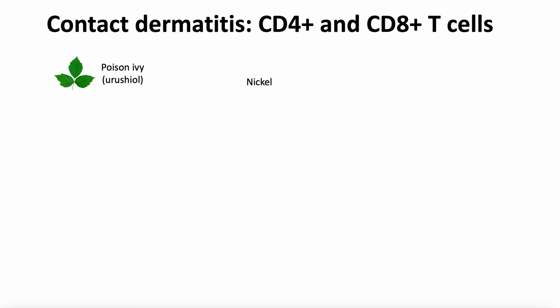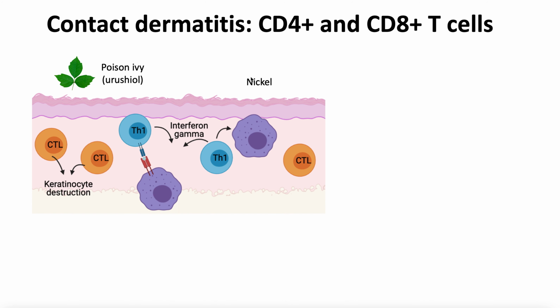There are other hypersensitivity reactions that also occur in the skin that are somewhat analogous. And these are reactions, for example, to things like poison ivy or a component of poison ivy called urushiol, as well as nickel. Exposure to these substances can lead to the recruitment of Th1 cells and cytotoxic T lymphocytes that can mediate tissue destruction.